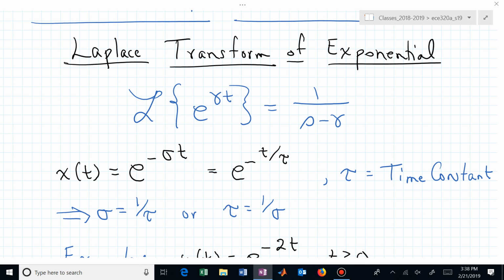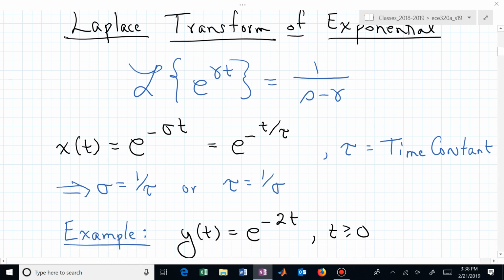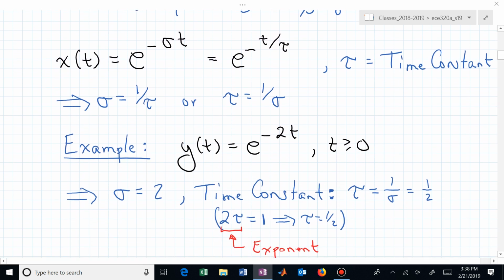Correct. Yes, it is 1 over e, but e is about 2.7, so it's 0.367, something in there. So it's a little bit more than a third, e to the minus 1. Let's now use that thinking to better understand this example.